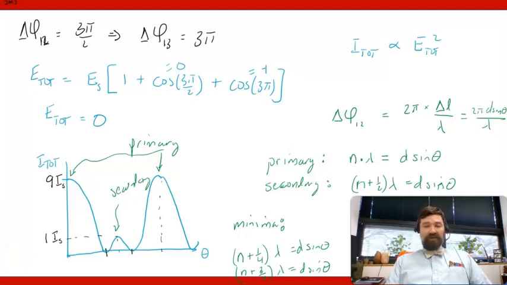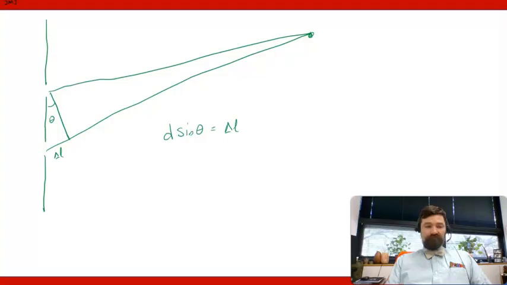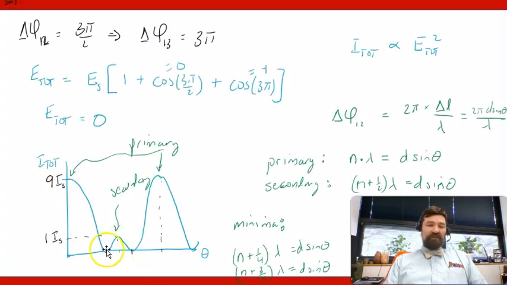One thing remains in this video, which is to sort of generalize it. What happens if we have more slits? Well, more slits basically allows us to have more combinations for secondary peaks and for local minima.